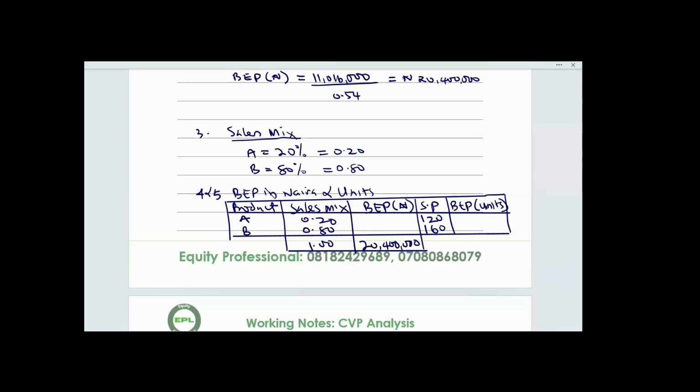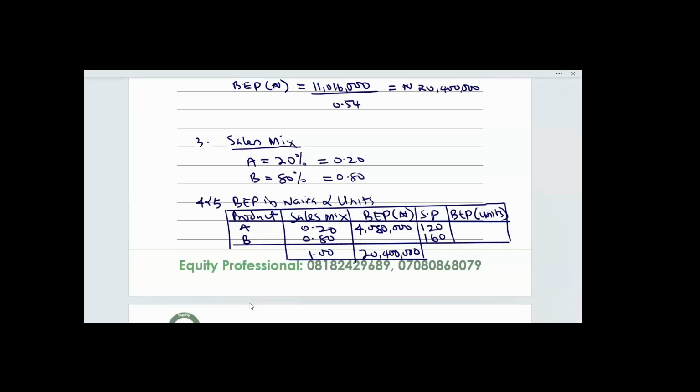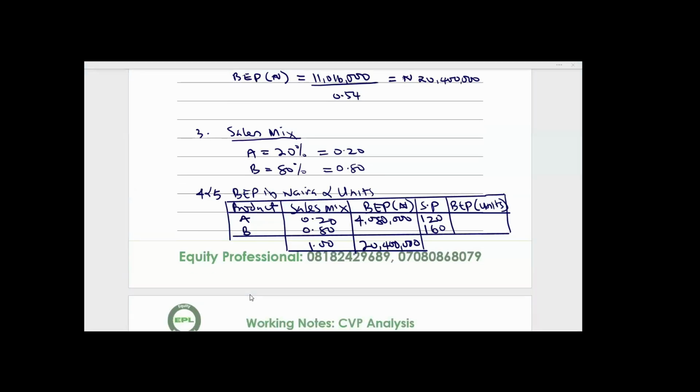Therefore, 20,400,000 multiplied by 0.2 equal 4,080,000. To get break-even point in units for product A, 4,080,000 divided by 120, 34,000 units.